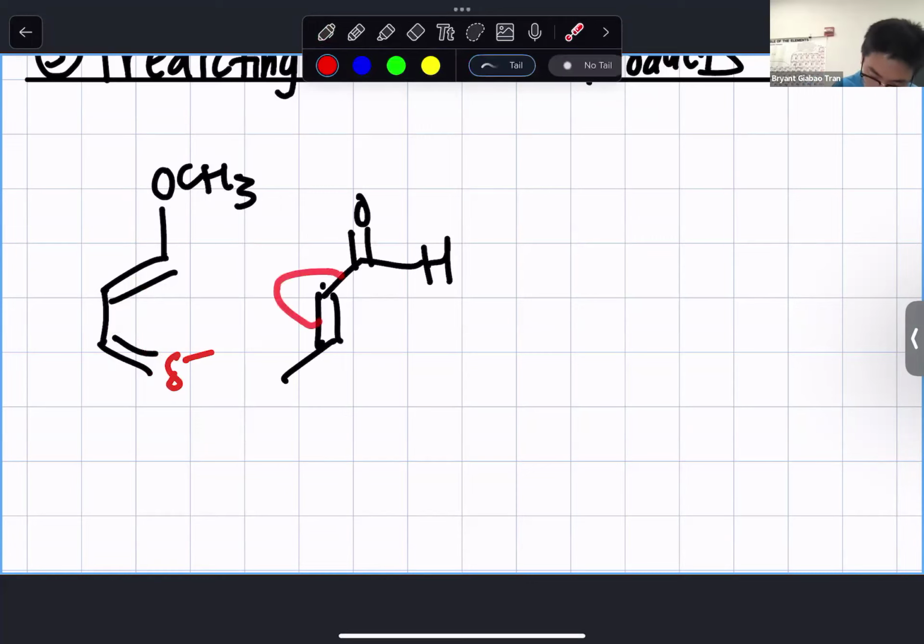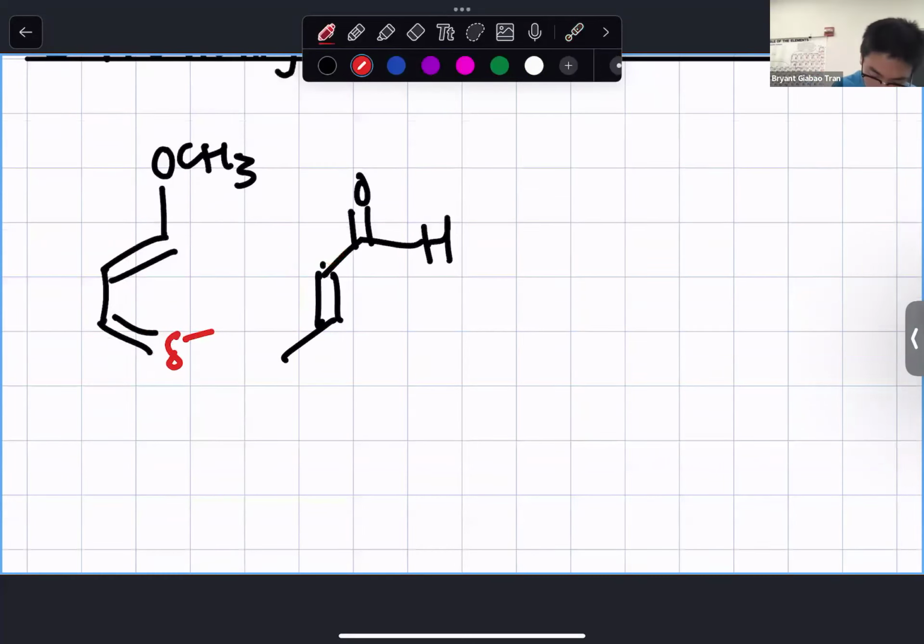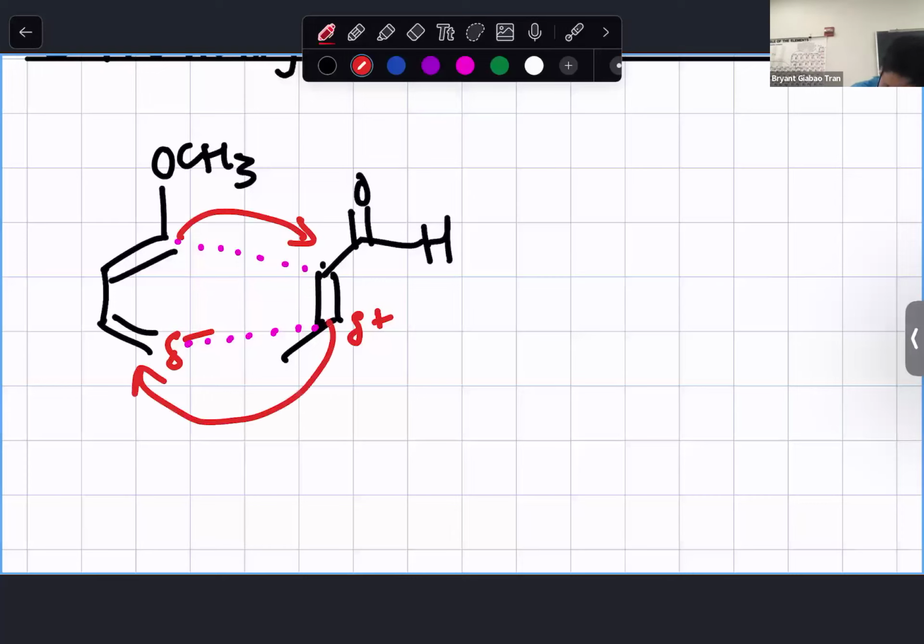This EWG is stealing its electrons, making this carbon partial positive, where when we imagine the pocket between the diene and dienophile, the negative charge is aligned with the positive charge. So that's good. We don't have to flip the dienophile upside down in this case, right? So we could draw in the regular mechanistic arrows, giving us the regular Diels Alder product here.